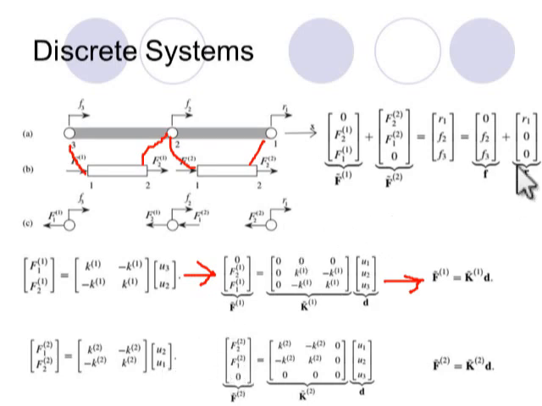I will extend it again. So remember that node 2 of element 2 is node 1 in the global system, and the first node of element 2 is node 2 of the global system.